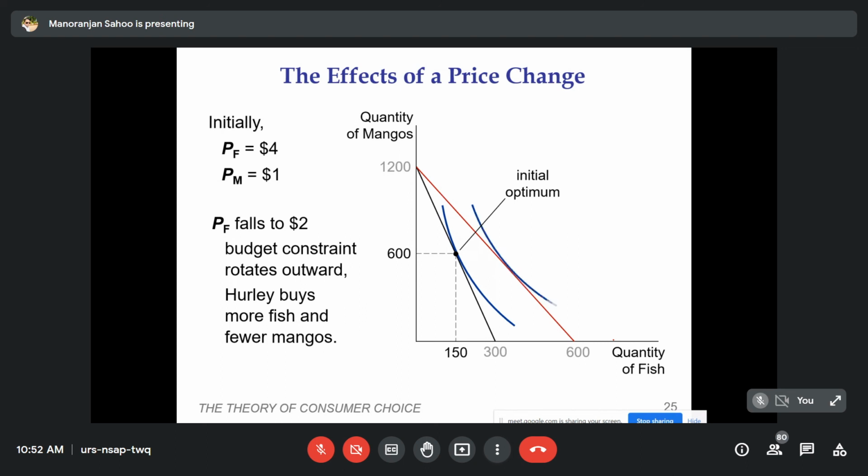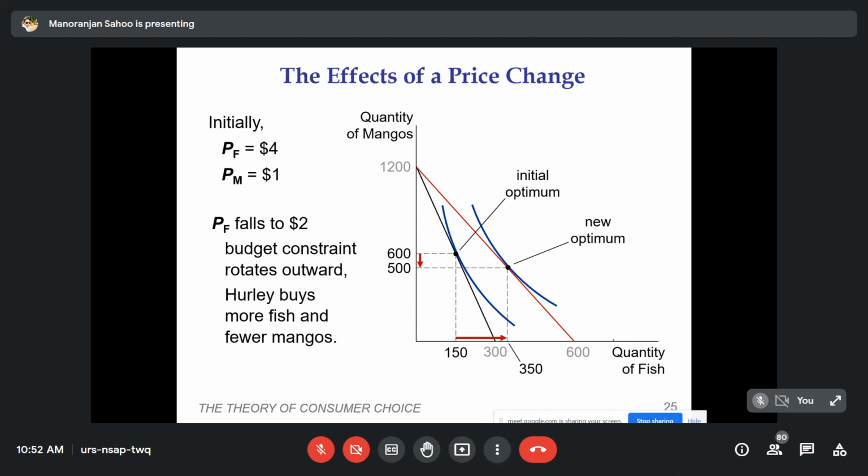But actually, in real cases, this does not happen, because as compared to the earlier combination, when the price of fish was $4 and the price of mango was $1, now if the price of fish reduces, not only will fish be cheaper for us, mango will be relatively expensive compared to fish.